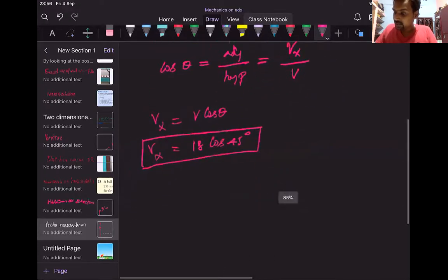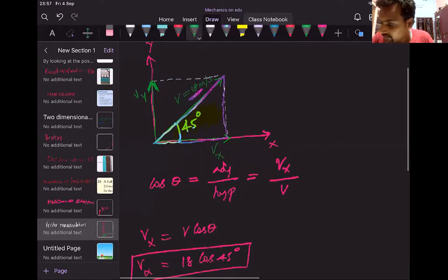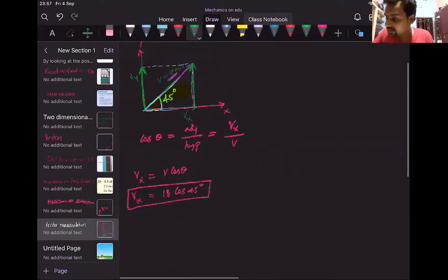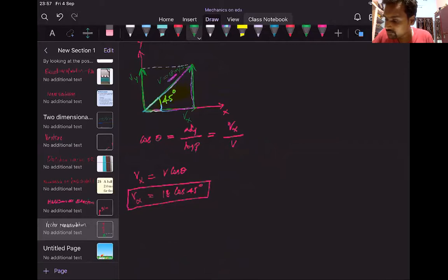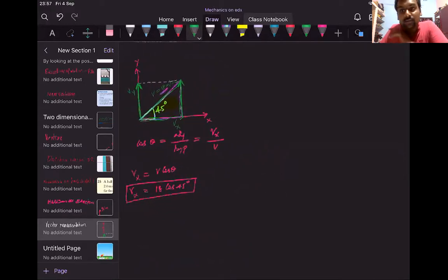Now, how about the vertical velocity? Again, we are interested in the length of which line? We are basically interested in the length of this line, right? That becomes Vy. And the length of this line will be the same as the length of this line because they are parallel sides of a rectangle. So going by the same right angle triangle which we took, I need the opposite side now, while I have the hypotenuse.